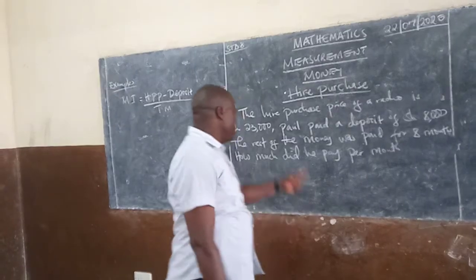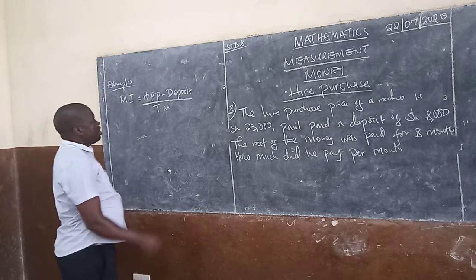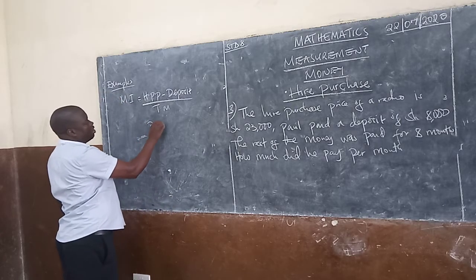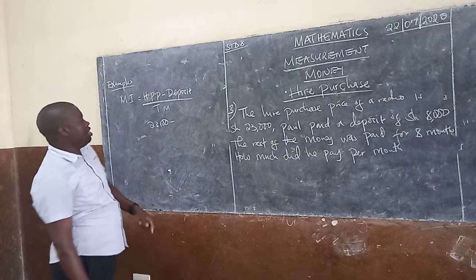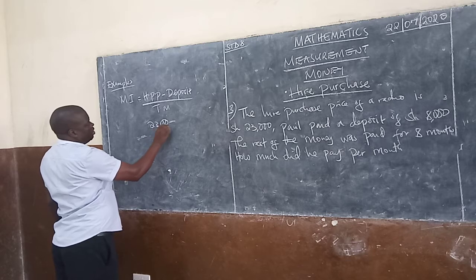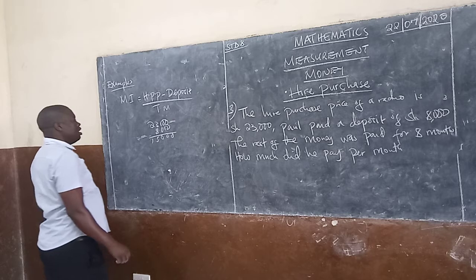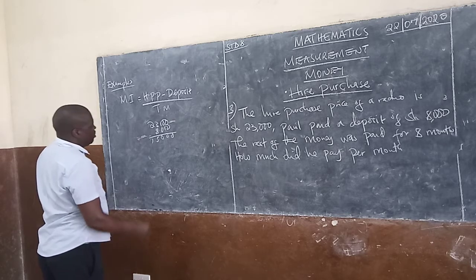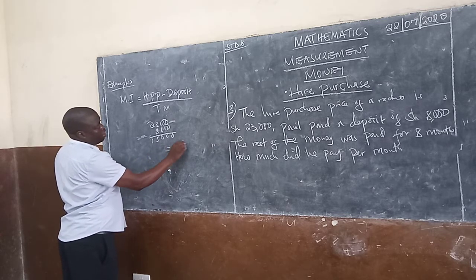So in this case, our hire purchase price is 23,000. Let's subtract. The deposit is 8,000. 0, 0, and 0. So that is 5, and that is 15,000. So what we have now is 15,000.